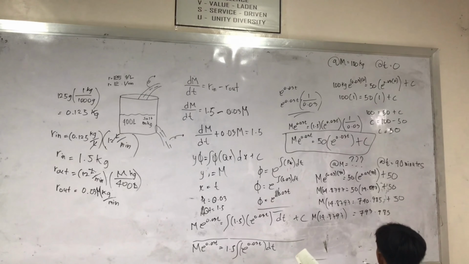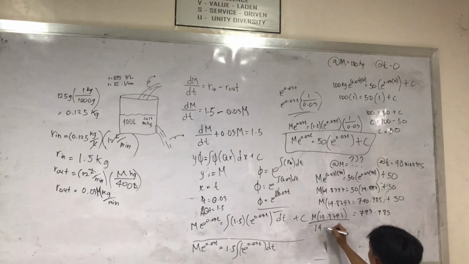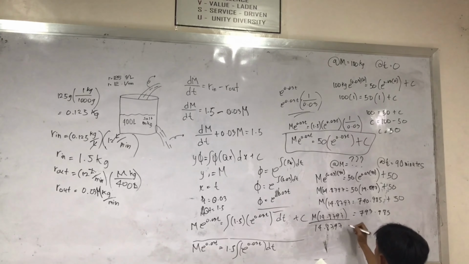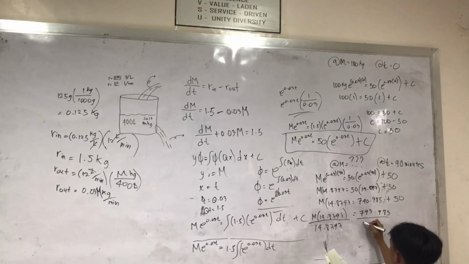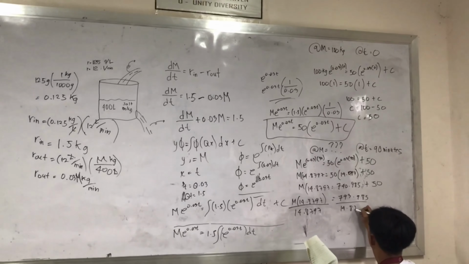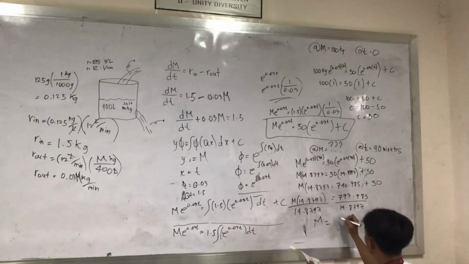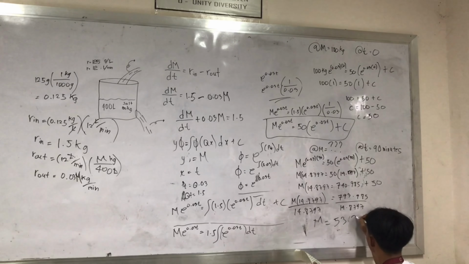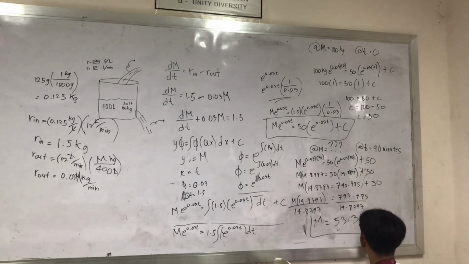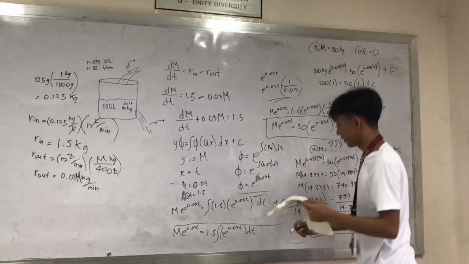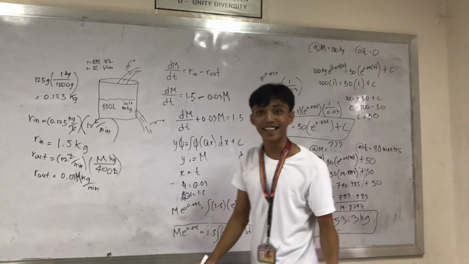Divide both sides by 14.8797 to get the M. M will be 53.36 kilogram. And that's the answer.